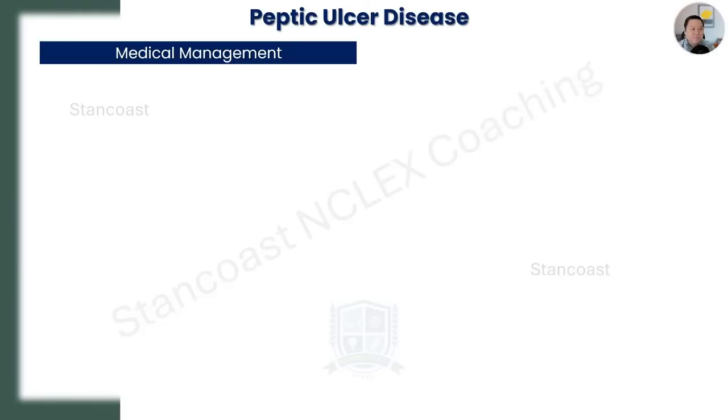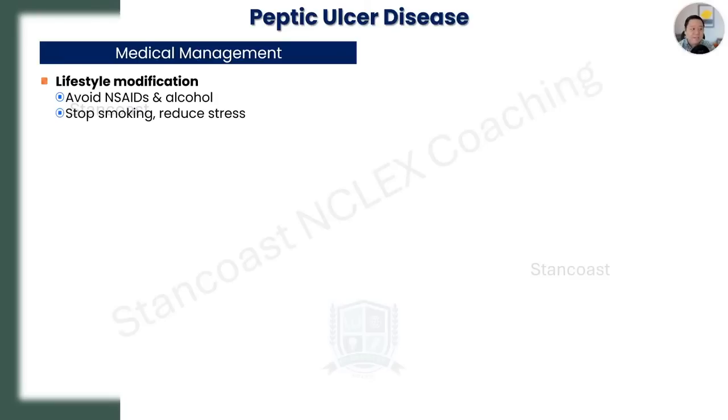Now, talking about the different management modalities in the treatment of peptic ulcer disease, we will require them to make sure that they can modify their lifestyle. That is really huge, by avoiding those irritants such as the NSAIDs, alcohol.